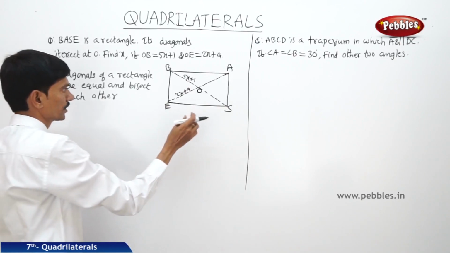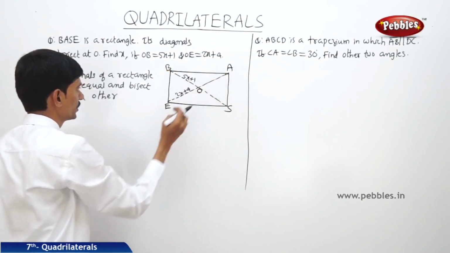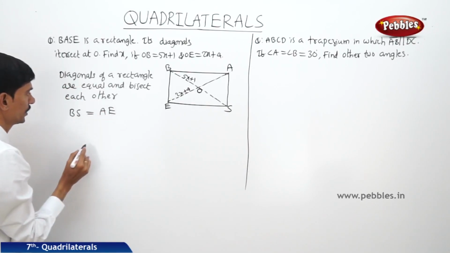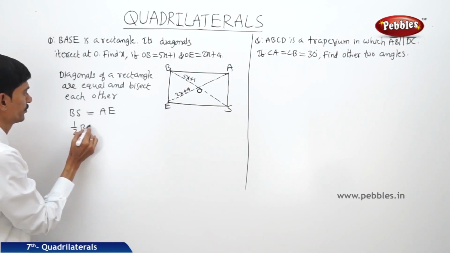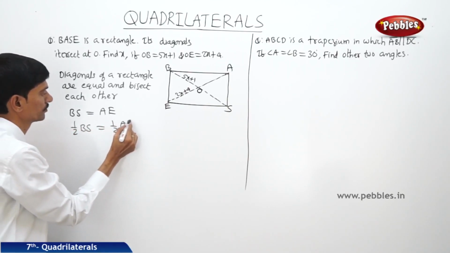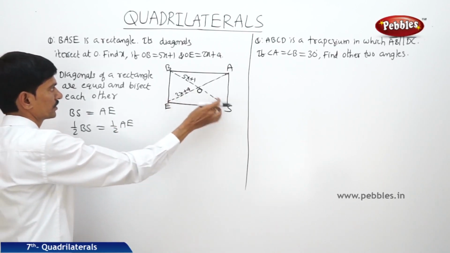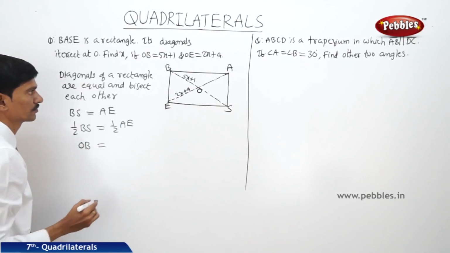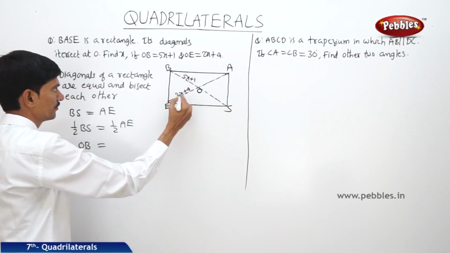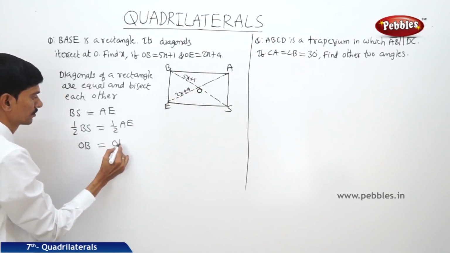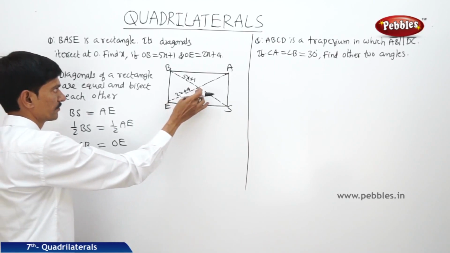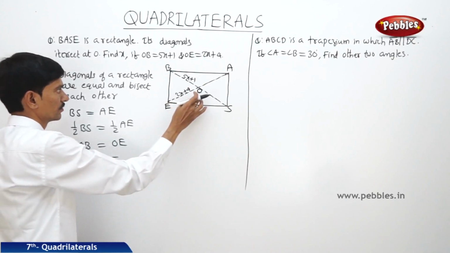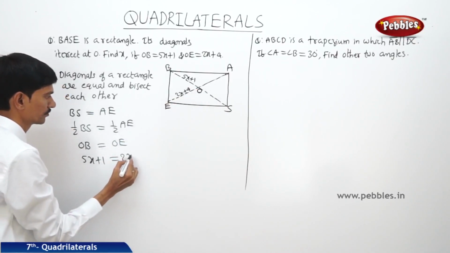So then we can say that BS equals AE, and we can write half BS equals half AE. So half BS means OB equals half AE means OE. So here OB means 5x plus 1 equals OE means 2x plus 4.